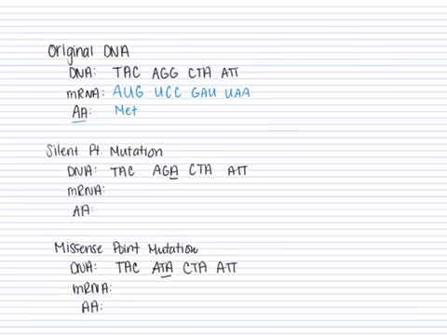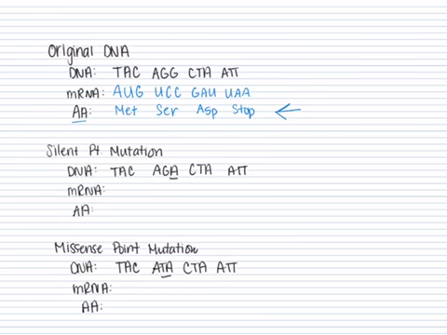UCC is serine, so it's SER. GAU is aspartic acid, so that's just ASP, and then UAA is your stop codon. So this is the normal DNA strand, or the normal amino acid protein strand, that we're going to continue to refer back to on these mutations.